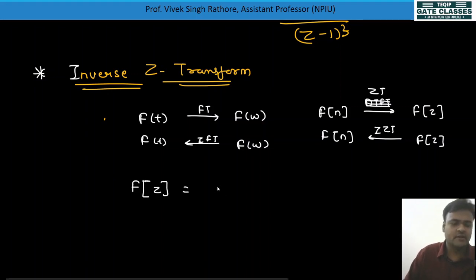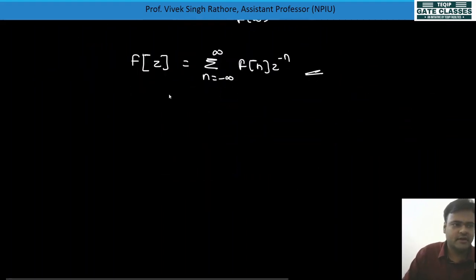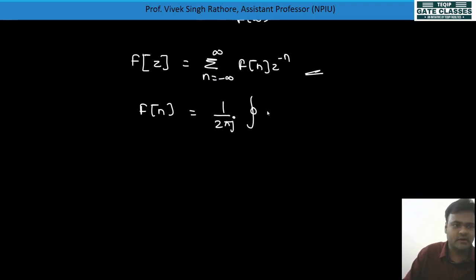What will be the formula? Getting f of z is easy: it is the summation of n equal to minus infinity to infinity of f n, z to the power minus n. This is the formula for getting the z transform. But if you want f n from f z, we'll go with 1 by 2 pi j, the integral of f z, z to the power n minus 1 dz.